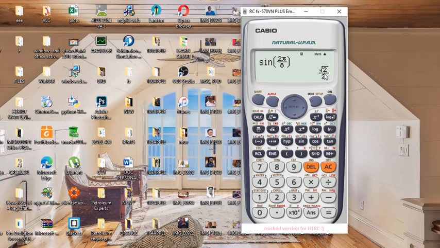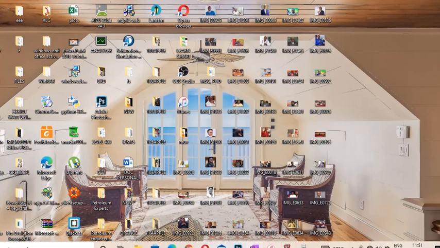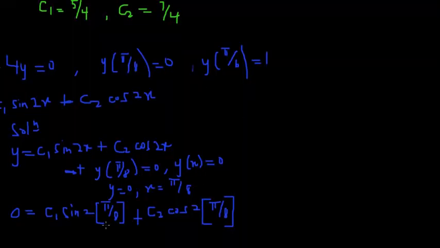You could notice that we have root 2 on 2. The same applies to this question. So sine 2 pi on 8 will give us root 2 on 2. Same applies to cos 2 pi on 8, cos 2 pi on 8 and then sine 2 pi on 8.